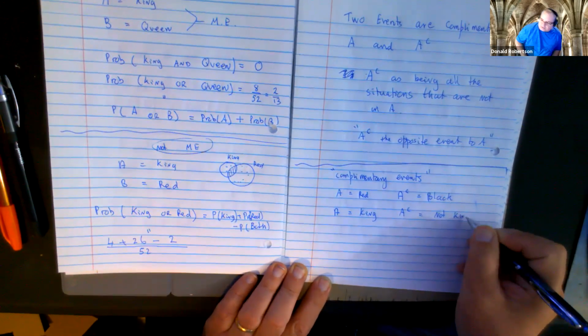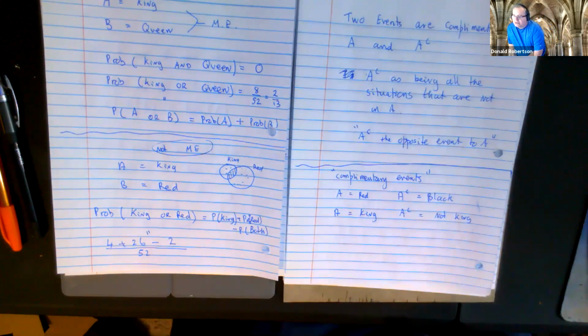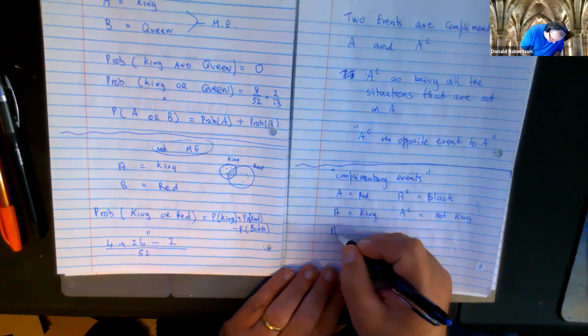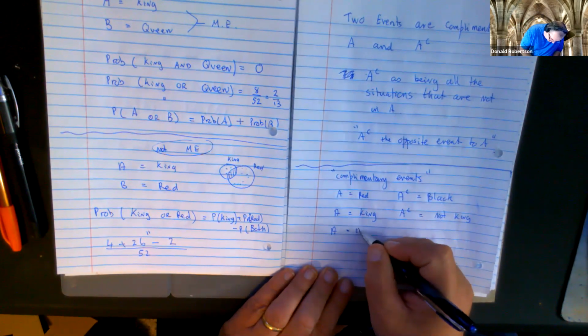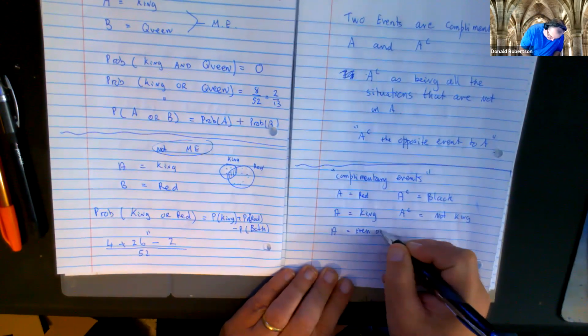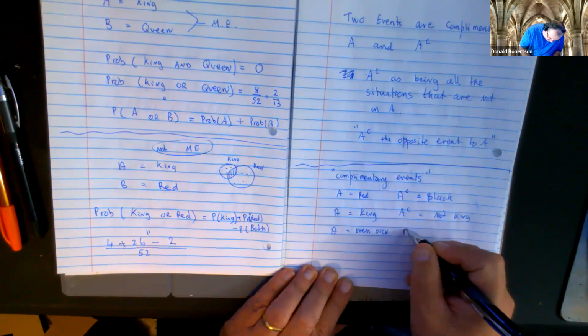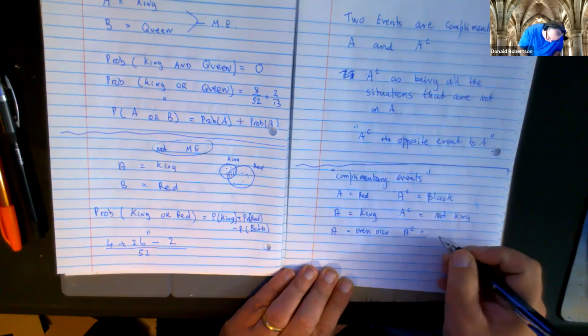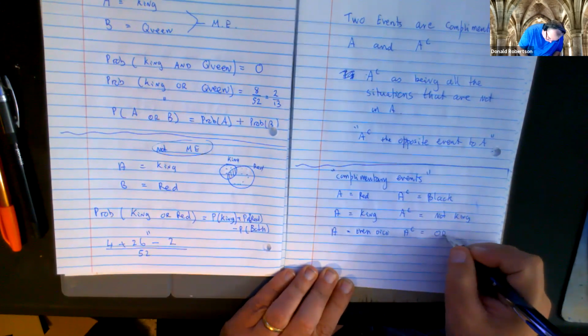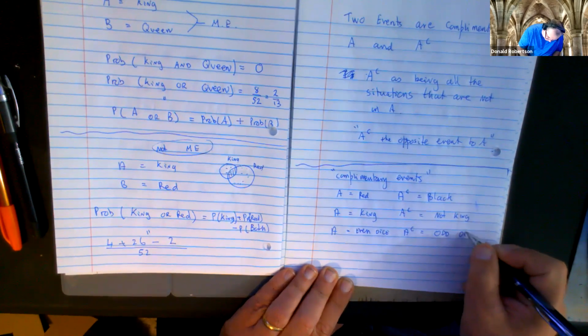So that would be everything else. Ace, jack, queen, 1, 2, 3, 4, 5, all that stuff. If A was getting an even number on a dice, then the complementary event would be not getting that, which would be what? Getting an odd number on a dice.